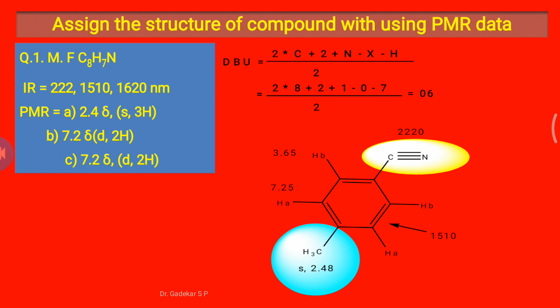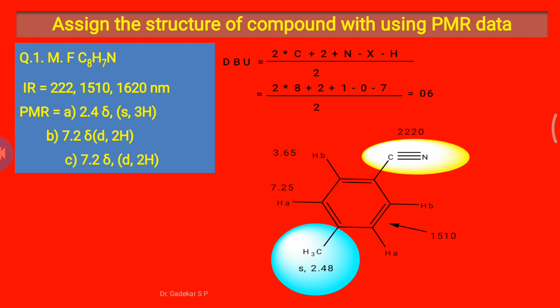A doublet means one neighboring proton. C is similar, at 7.2, also a benzene ring proton, and 2 hydrogens as a doublet, meaning one neighboring proton.